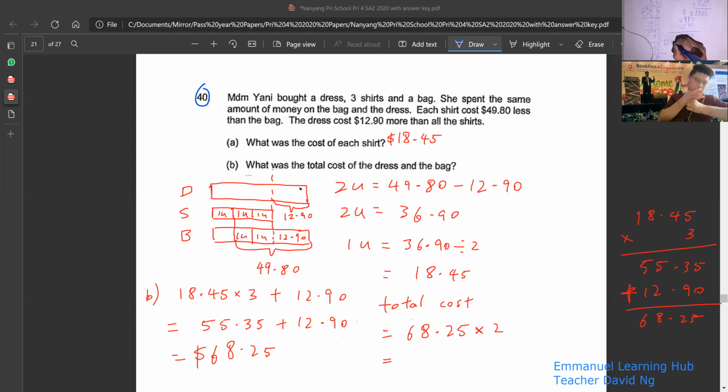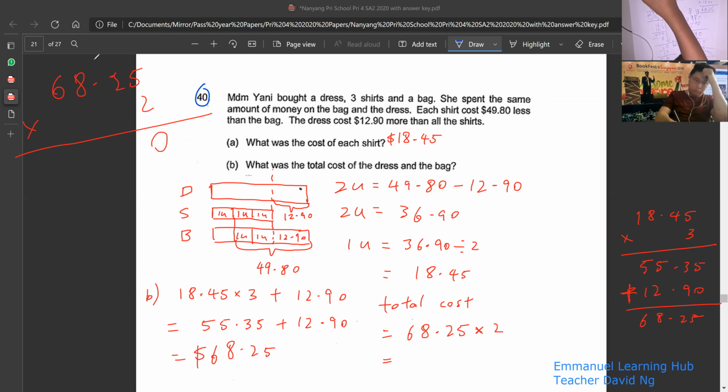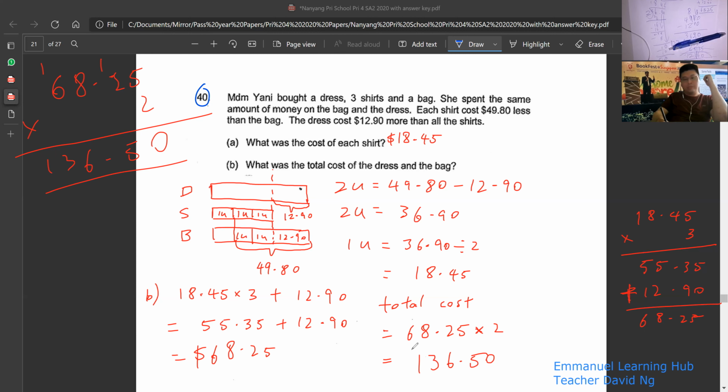You don't add 68.25, you don't add 68.25 times. Times 2. 68.25 times 2, easier. $136.50. Correct, 136.50, right? That's the answer.